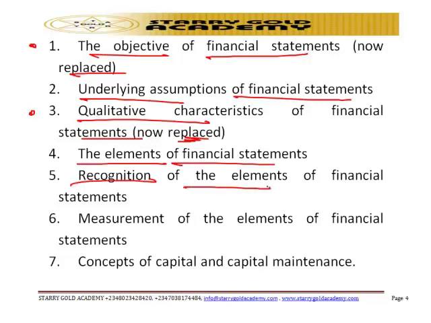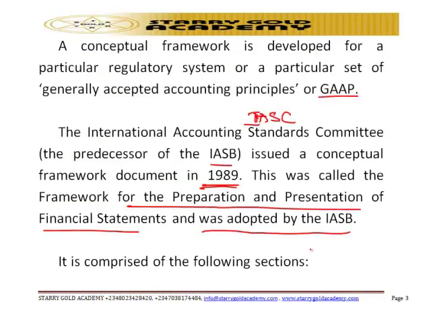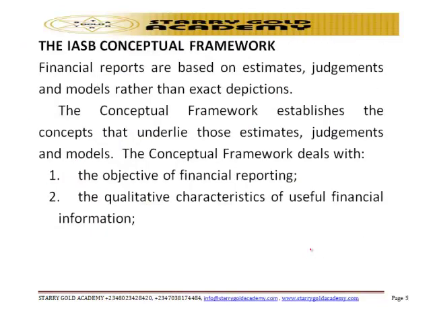Recognition of the elements of financial statements. 6. Measurement of the elements of financial statements. 7. The concept of capital and capital maintenance. So those are the things that comprise the sections.